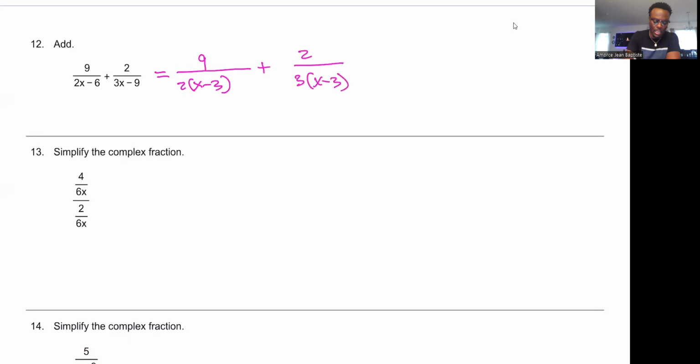Your LCD, which is easier to see when you factor completely, would be 2 times 3 times x minus 3, which is 6 times x minus 3. So the common denominator is 6 factor x minus 3.